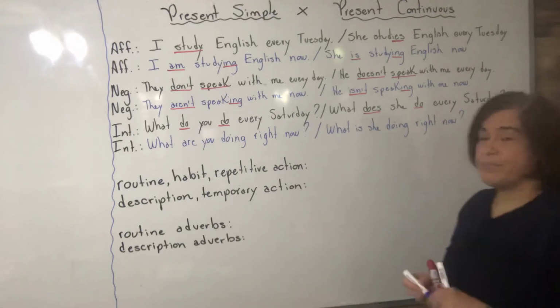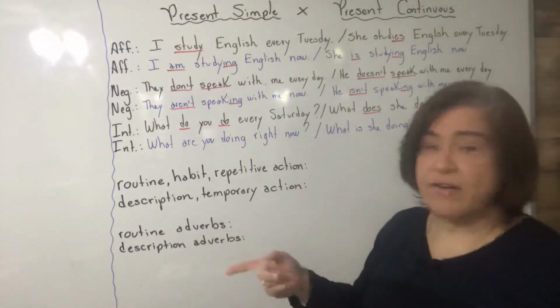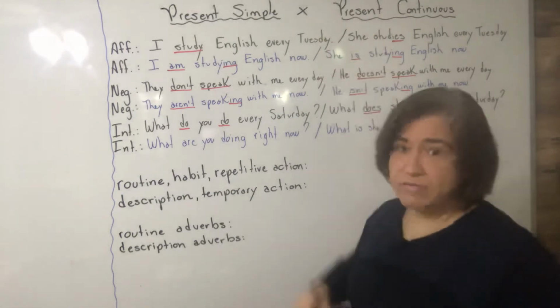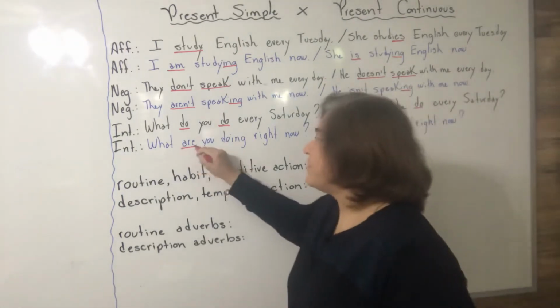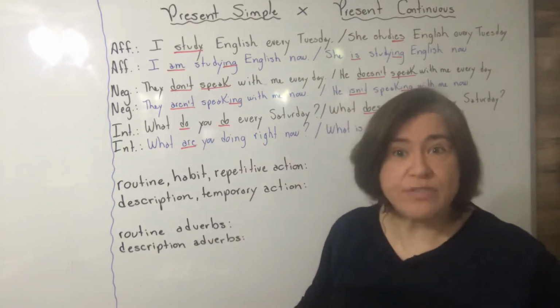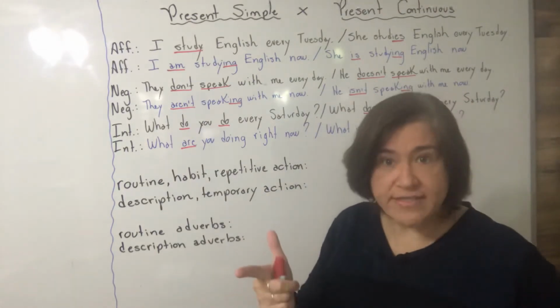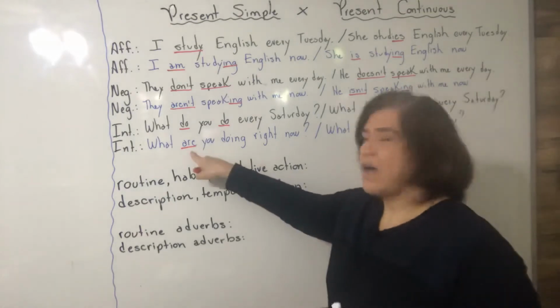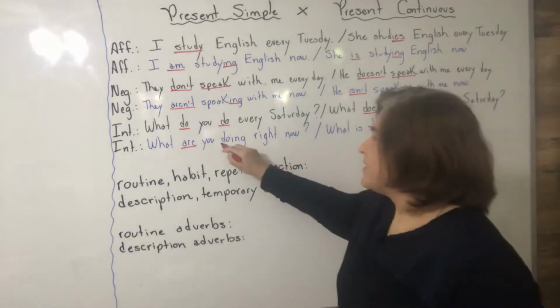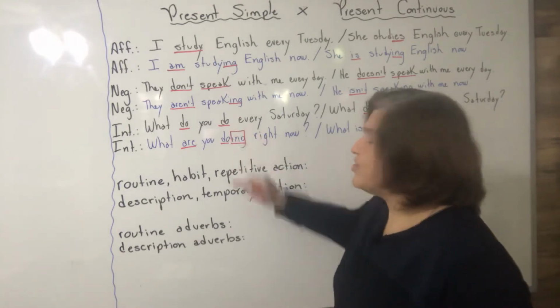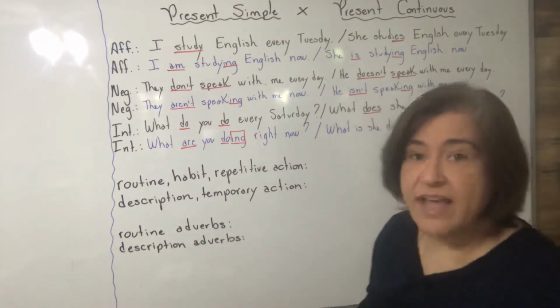Okay, so interrogative forms in present continuous need an auxiliary. The auxiliary is verb to be. Verb to be is auxiliary in present and in past. So are, because the person is you, are you, plus the verb plus ing. Don't forget the ing.